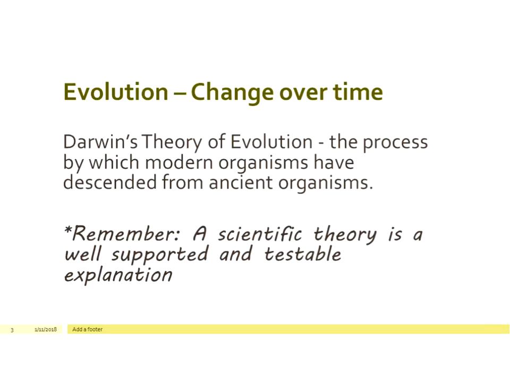So to start with, I want to just remind everyone that the definition of evolution is simply change over time. And Darwin's theory of evolution is the process by which our modern organisms today have descended from ancient organisms over time. And please remember that a theory is a well-supported and testable explanation.